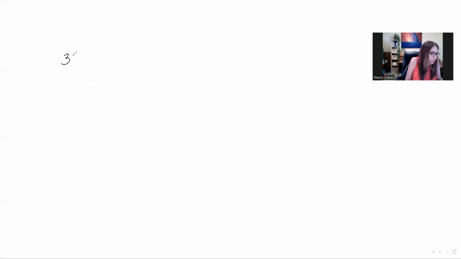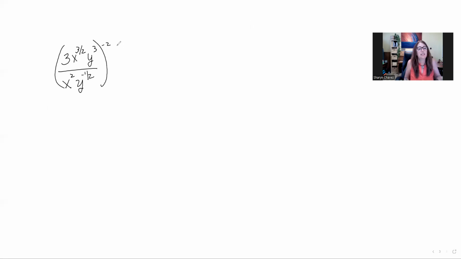Here we have 3. We'll bring in some fractional exponents. X squared, y to the -½ all to the -2. Okay, so there's a couple of ways we could go about this.